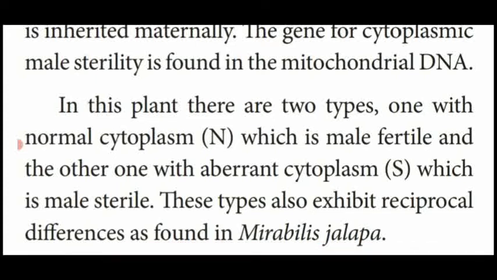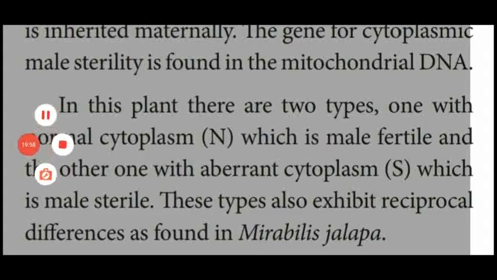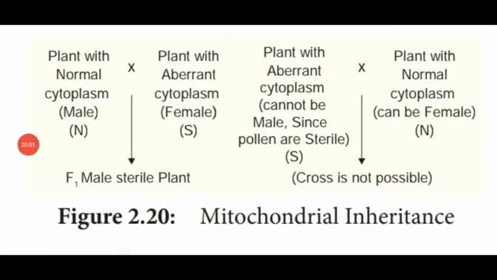So this type also exhibits reciprocal crosses, as shown in Mirabilis jalapa. Dear students, see the parental character. First one, the plant with normal cytoplasm, that is capital N, acts as the male parent. Then the plant with aberrant cytoplasm, that is S, is denoted as the female, that means male sterile. So which one is acting?